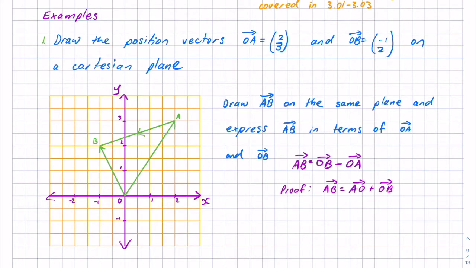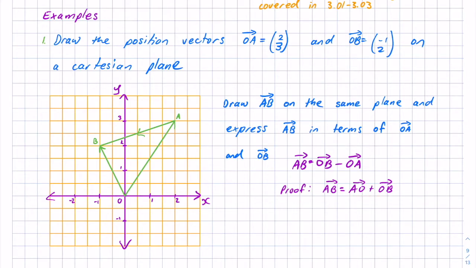Now I'm just going to prove that. So in order to prove that, I'm going to start by saying that AB is equal to AO plus OB. What I've done there is I've added a sneaky O, basically. You know how it dissolves when you're adding them? I'm going in reverse from that.